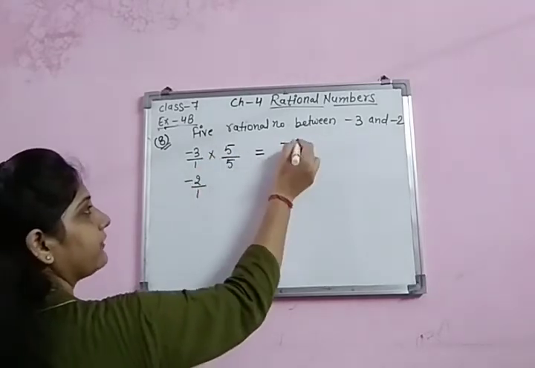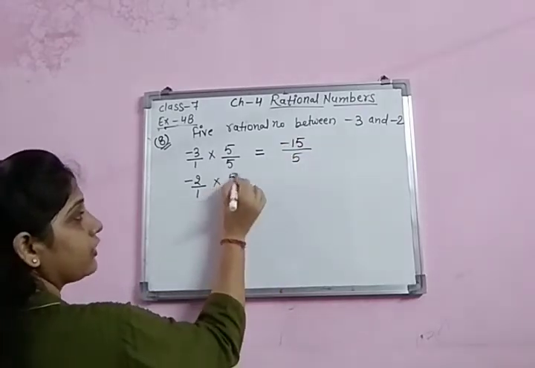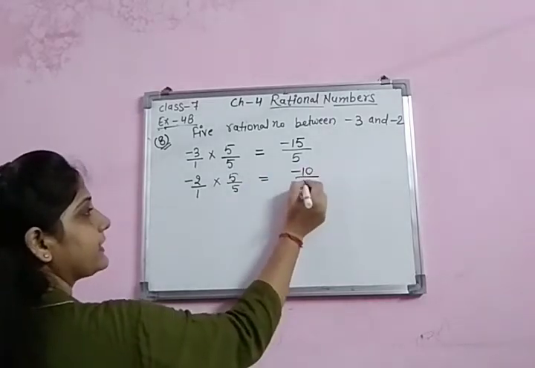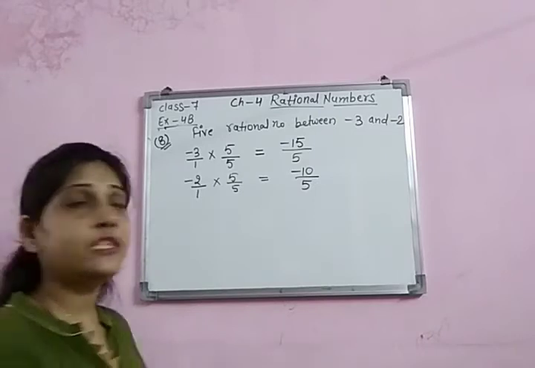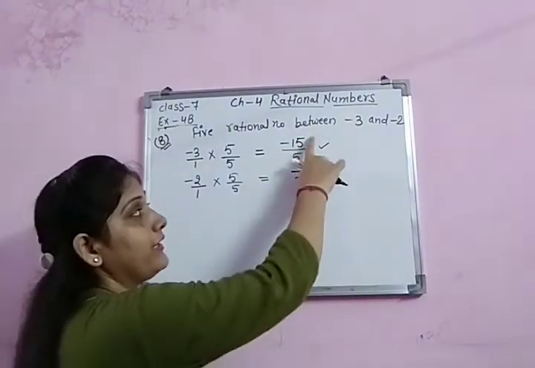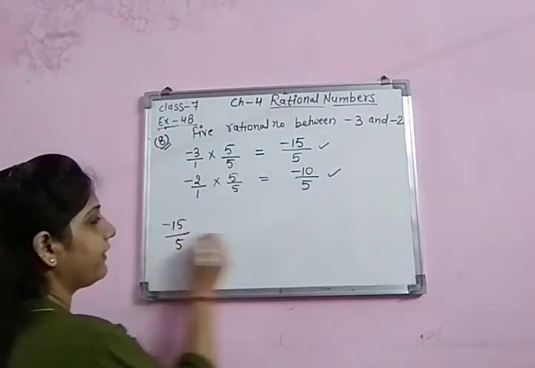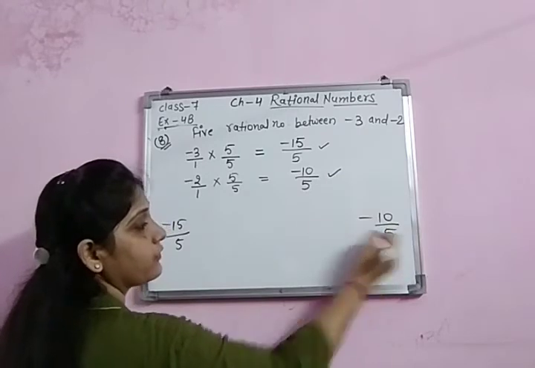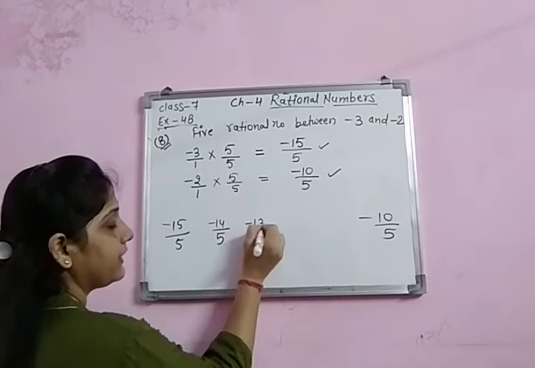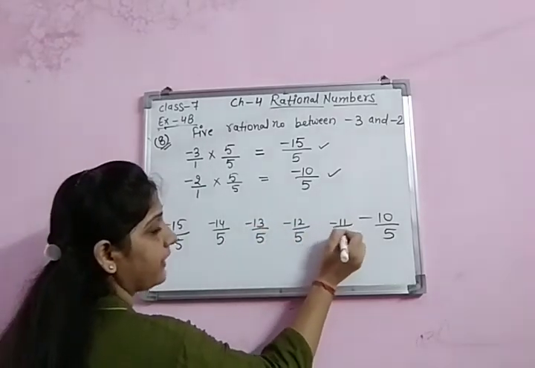So, when we multiply, it will give me minus 15 by 5, and this is minus 10 by 5, because we want to make the denominators the same. Now it shows the rational numbers that exist between those. So, the denominators are the same: minus 15 by 5 and minus 10 by 5. So, what are the rational numbers that exist between? Minus 14 by 5, minus 13 by 5, minus 12 by 5, minus 11 by 5.